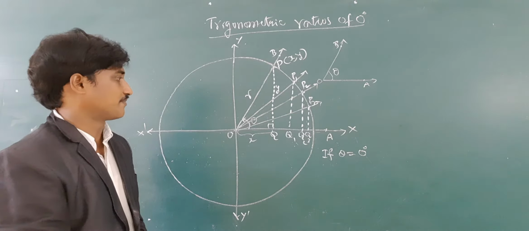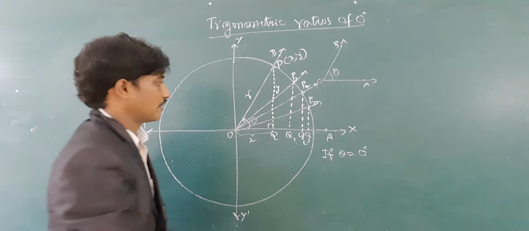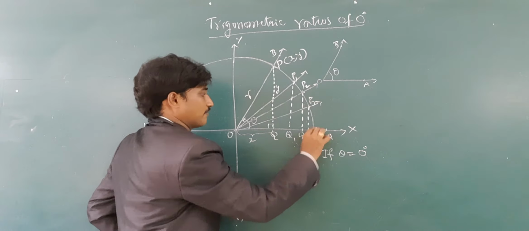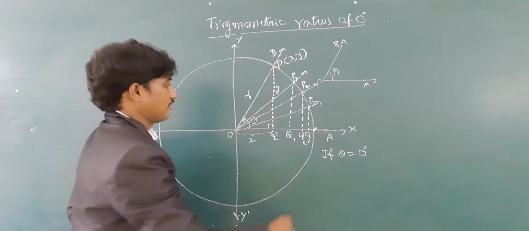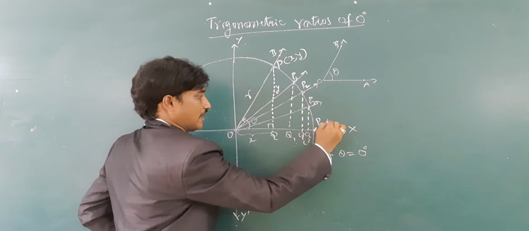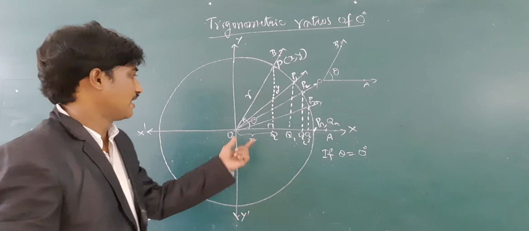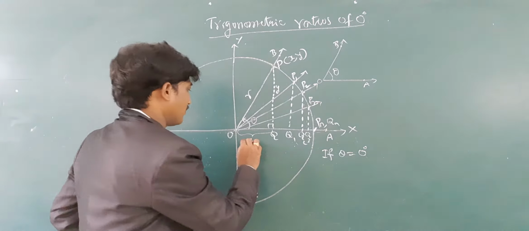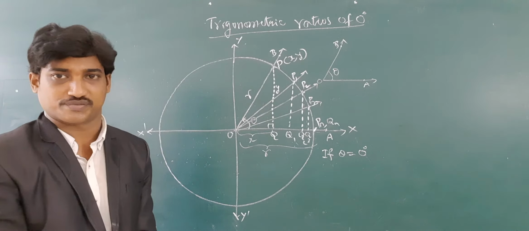In that case, P coincides with Q at this position. So for some n, Pn and Qn are the same. That means this length becomes nothing but R, the radius.